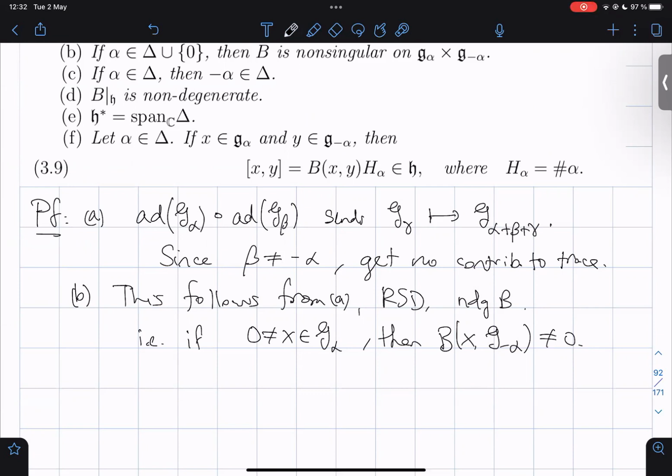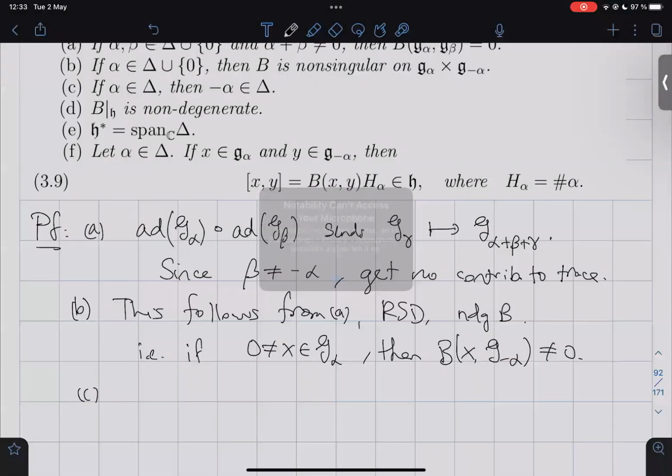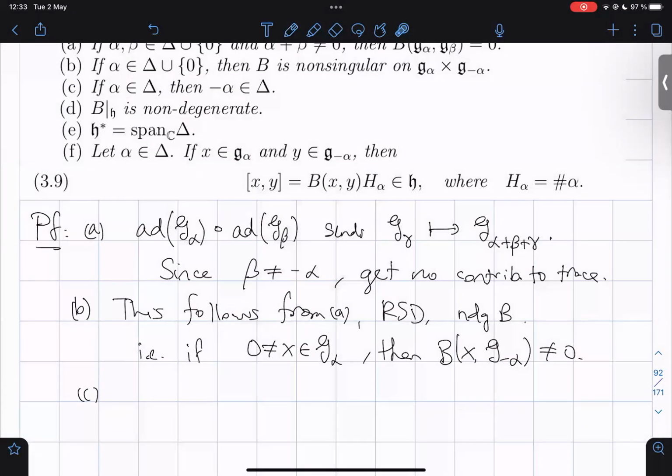That's coming from non-degeneracy of B, the Killing form, the Cartan criterion. So we have B, and we have A.